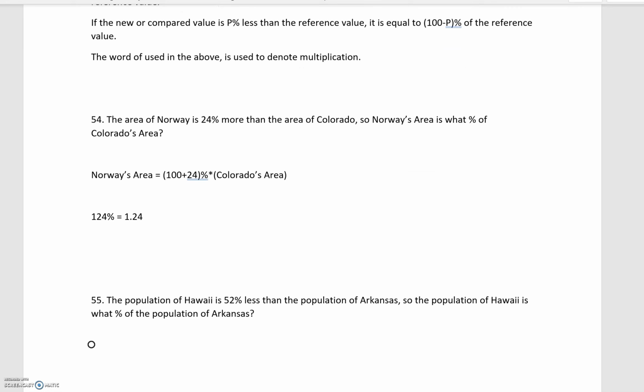The population of Hawaii is 52% less than the population of Arkansas. So the population of Hawaii is what percent of the population of Arkansas? So we have the following. Hawaii's population is equal to, so it says less than, right? So it says 52% less than. So that's 100 minus 52% times the population of Arkansas.